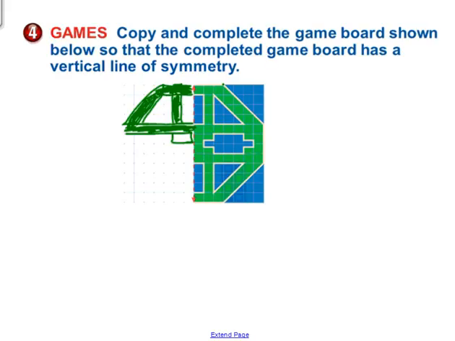You can see I made a little bit of an error here. That's a little too high.